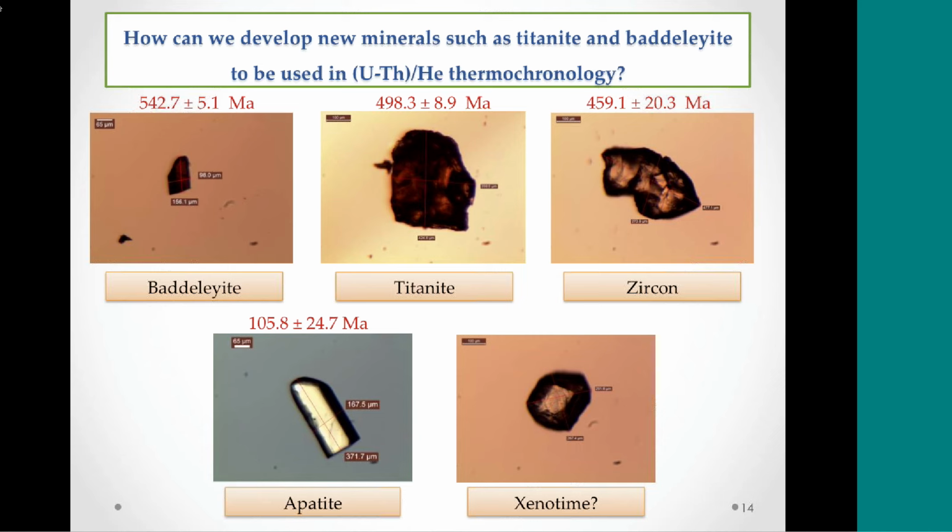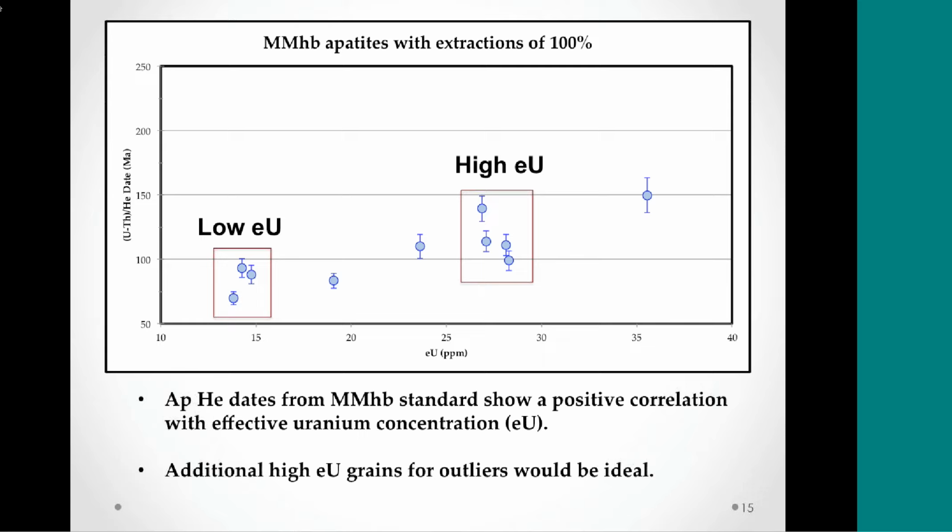So we have this really great thermal history that we can build with the data from these minerals. We also have some new minerals we need to use the EDS on, to take that further and see if we can even use them for euthorium helium thermochronology. This graph shows effective uranium, a proxy for radiation damage that's related to closure temperature.